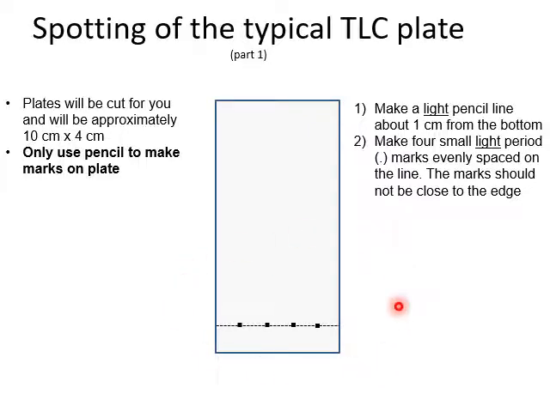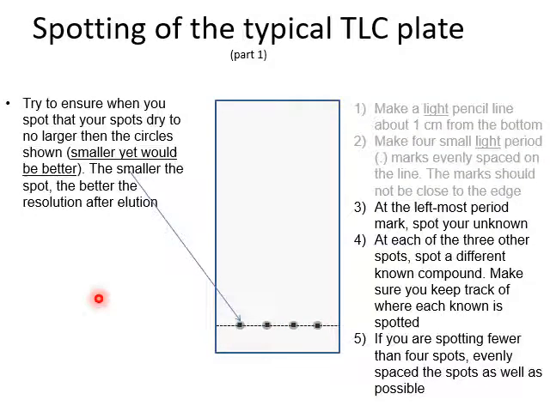So for this experiment, you draw a light line about 1 centimeter from the bottom, and then you make 4 marks here with your pencil as well. When you spot, you try to ensure that the spots are no larger than the circles shown, so it has to be done very quickly.